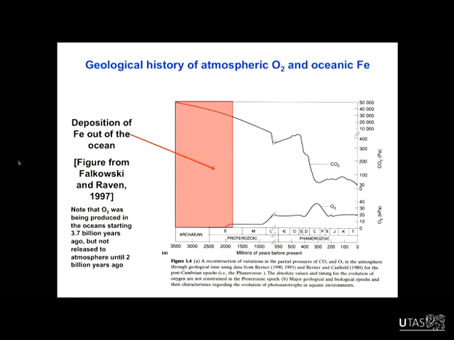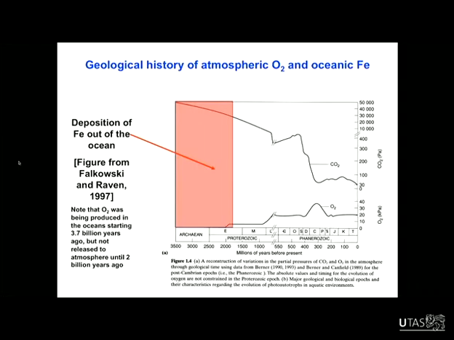So this is a look at CO2 concentrations in the atmosphere and oxygen concentrations in the atmosphere over 3.5 billion years of Earth's history. So about 4 billion years ago, phytoplankton evolved oxygenic photosynthesis. So they evolved the capability to use sunlight to synthesize oxygen.